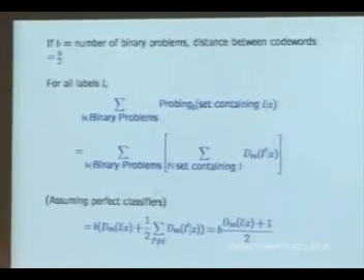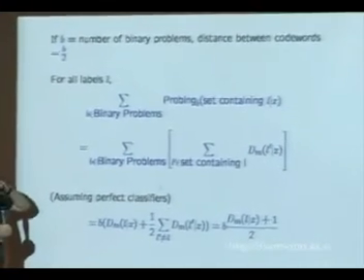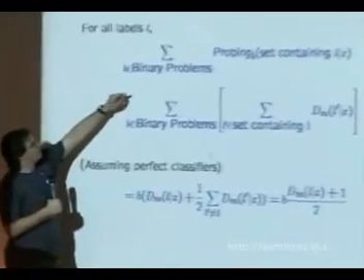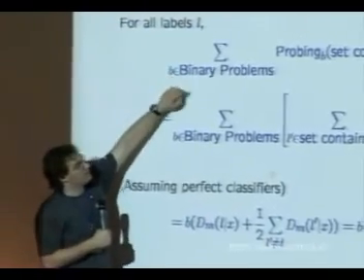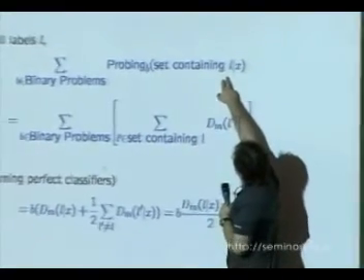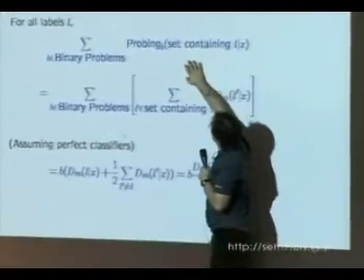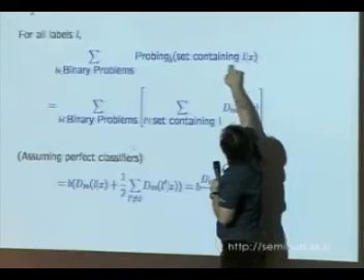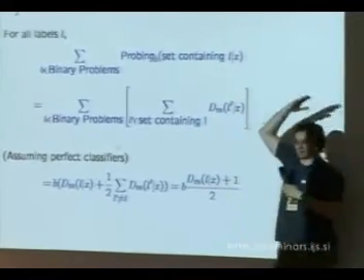Then what we're going to do is think about the sum over the different rows of the probability that the set containing L, given X, is 1.